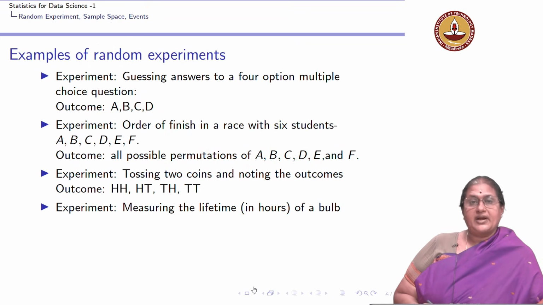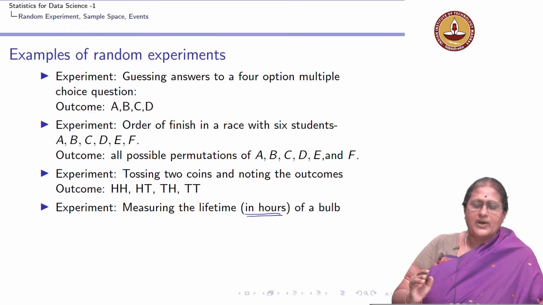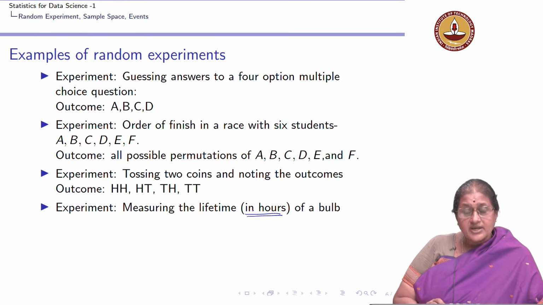Now, suppose the experiment is to measure the lifetime of a bulb in hours. So, if a bulb is lasting even for 30 minutes, I will say that it is lasting for 0 hours. If it is lasting for 1 hour 30 minutes, I say that it has lasted for 1 hour. So, that is how I am measuring the lifetime of a bulb.